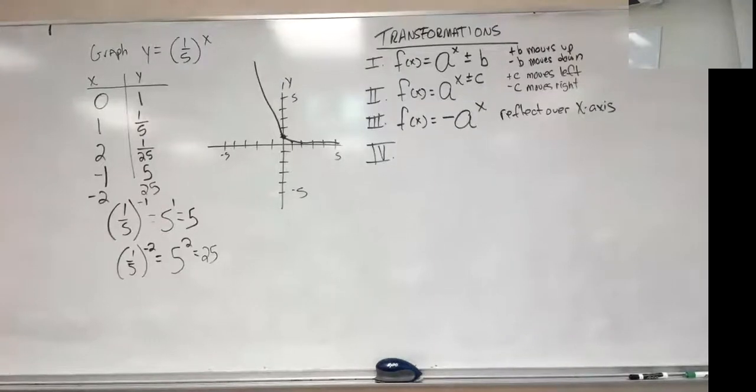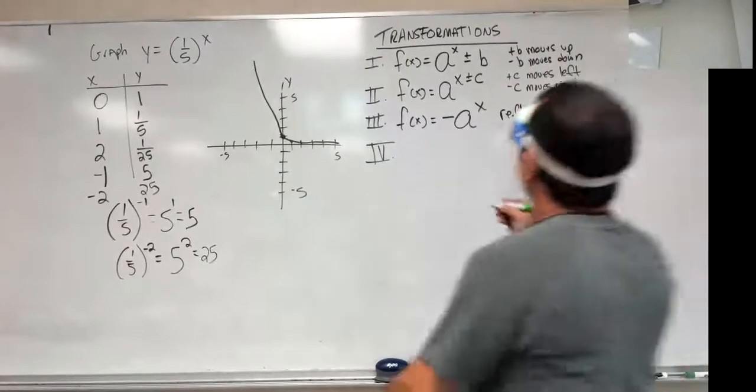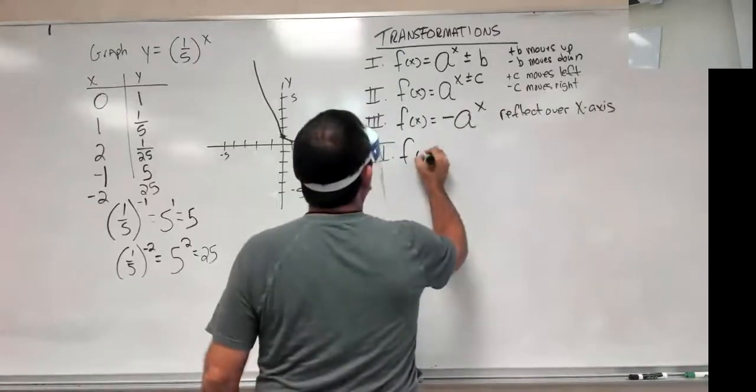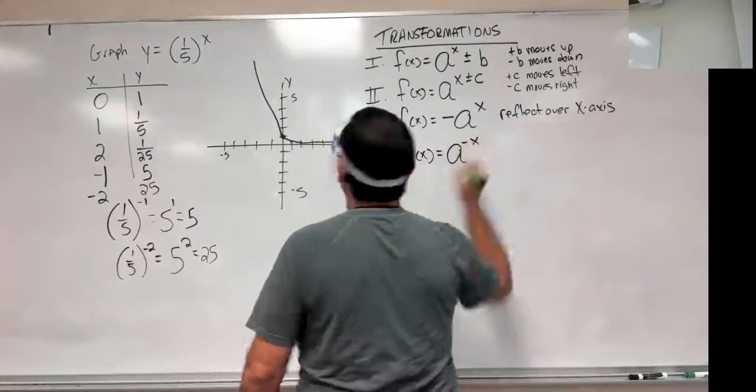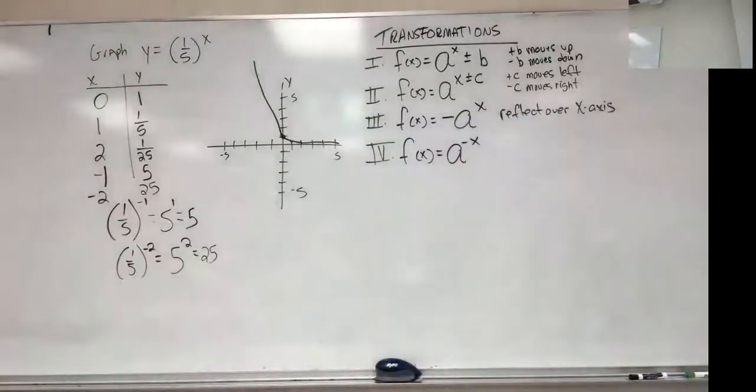But this is where I said I would add the new move to you. So f of x equals a to the negative x. That's going to reflect me on the y-axis.